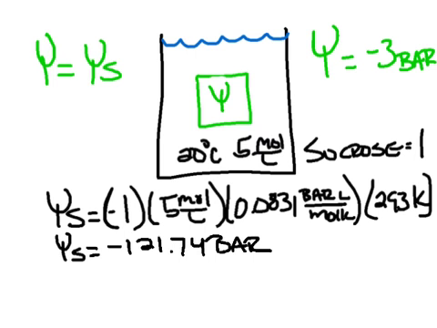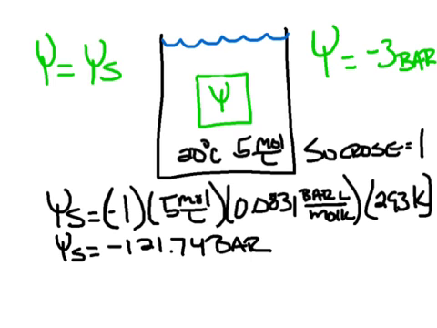-121.74 bars. Now, we need to figure out what direction the water is going to move. Water always wants to move from an area of high water potential to low water potential. And right here, inside of our cell, our water potential was -3 bars. Outside, in this solution, we calculated that the water potential, which is equal to the solute potential, is -121.74 bars.